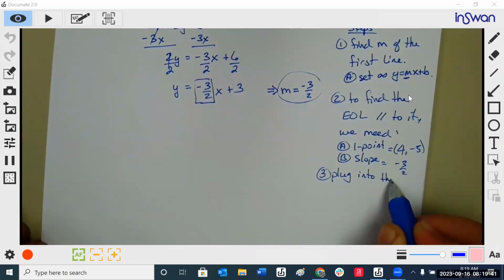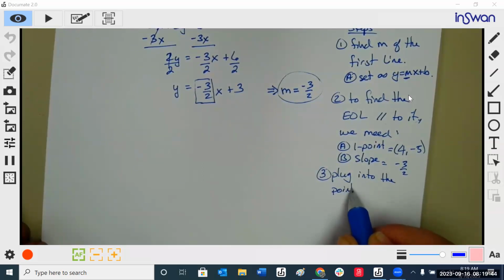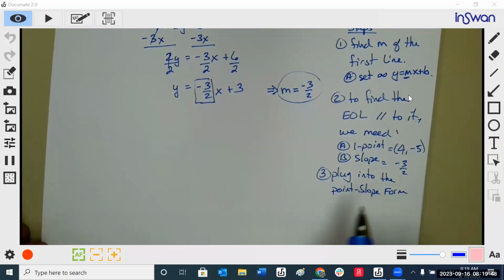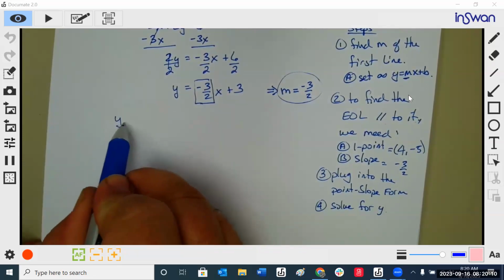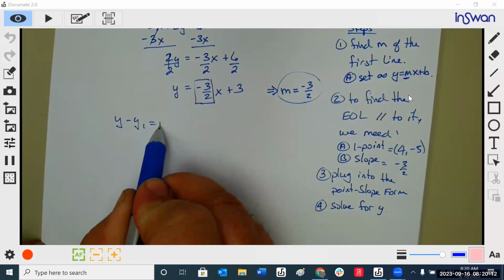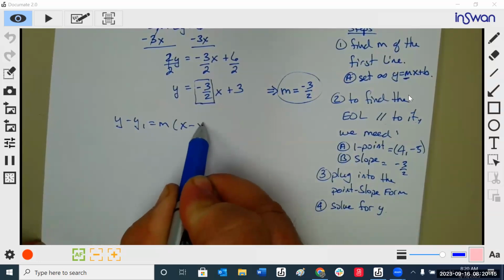Plug into the point slope formula, and next step, solve for y. Since we have a point and a slope, plug it into the point slope formula. So we take this stuff as y minus y1 equals m times x minus x1.